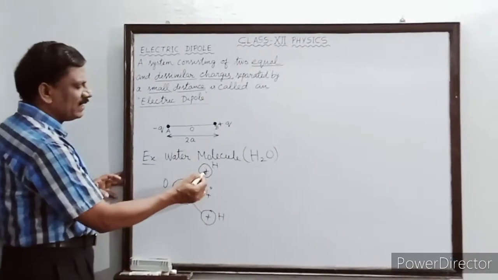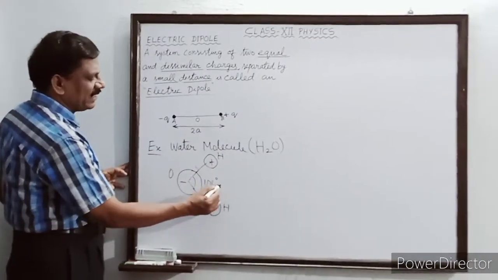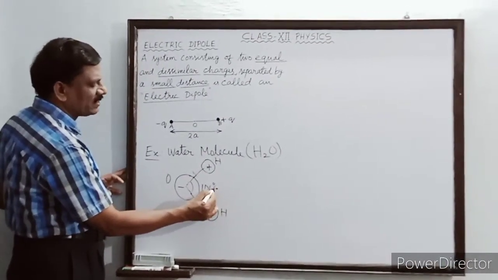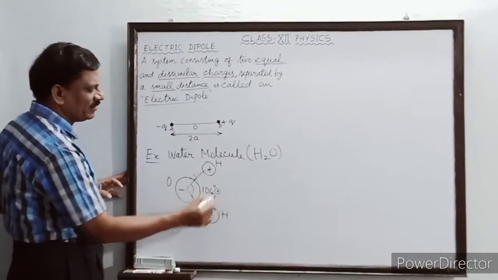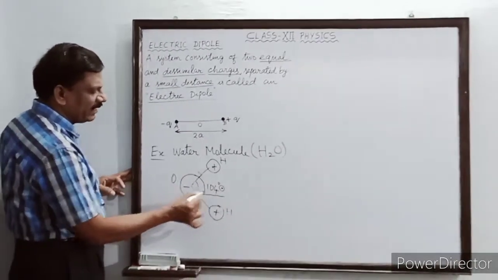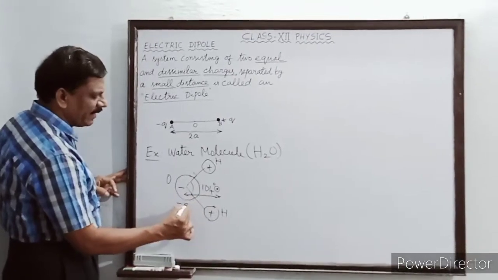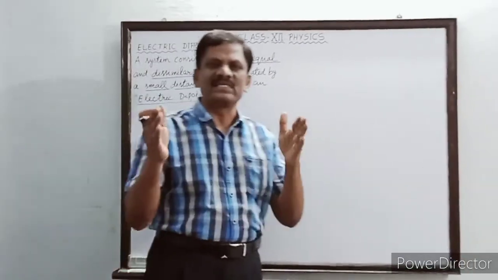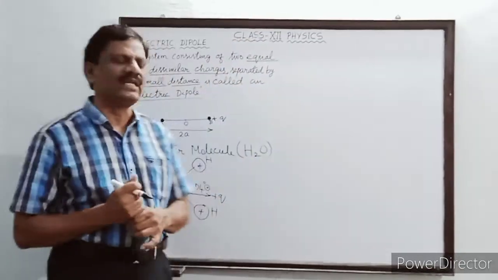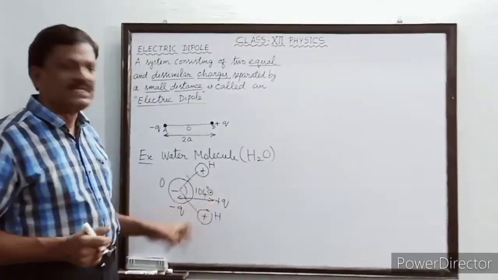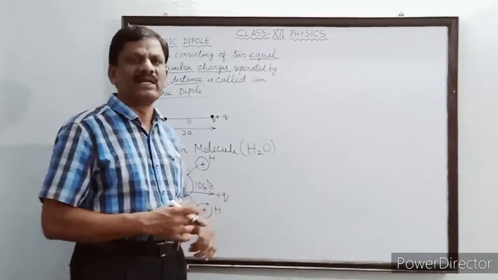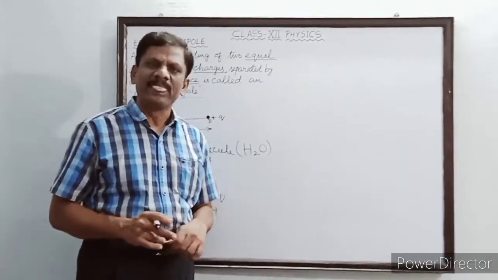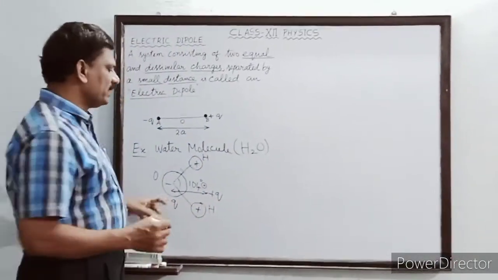Now you see that these two positive charges are centered at some point here, so you can consider this as minus q and this as plus q, and the positive charges and negative charges are equal in magnitude but opposite in polarities. So the water molecule also behaves like an electric dipole. What will be the shape of this molecule?